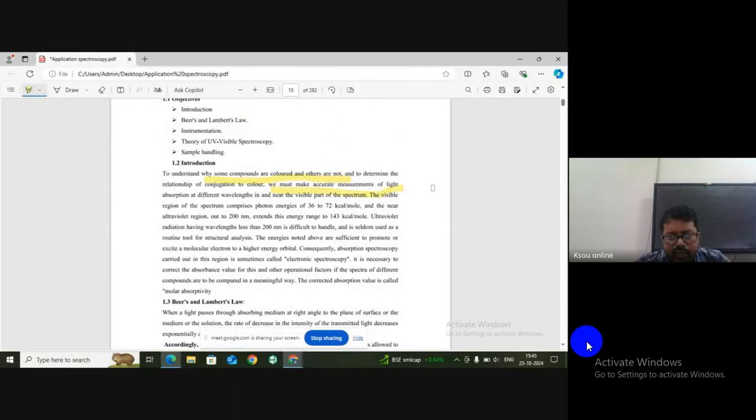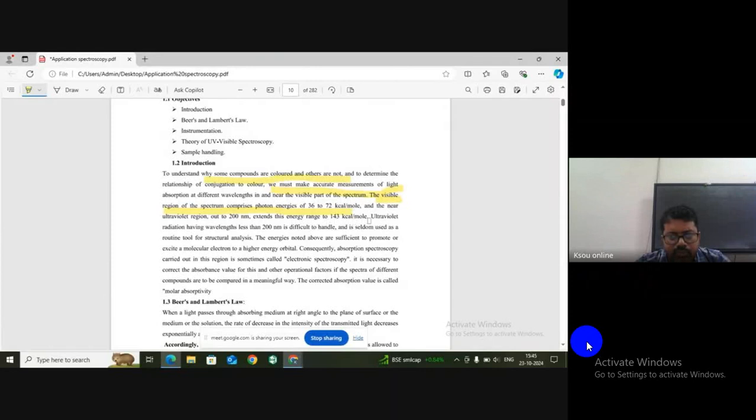The visible region of the spectrum comprises photon energy of 36 to 72 kilocalories per mole, and the near ultraviolet region out to 200 nanometers extends this energy range to 143 kilocalories per mole.